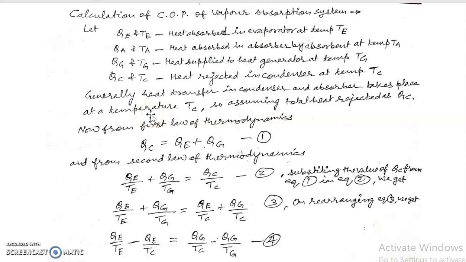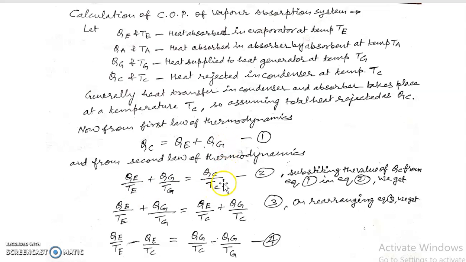So as I told you, heat transfer in the condenser and absorber takes place at a temperature TC, so assuming total heat rejected as QC at a temperature TC. From the first law of thermodynamics, we can write QC equals QE plus QG, and from the second law of thermodynamics, we can write QE over TE plus QG over TG equals QC over TC.